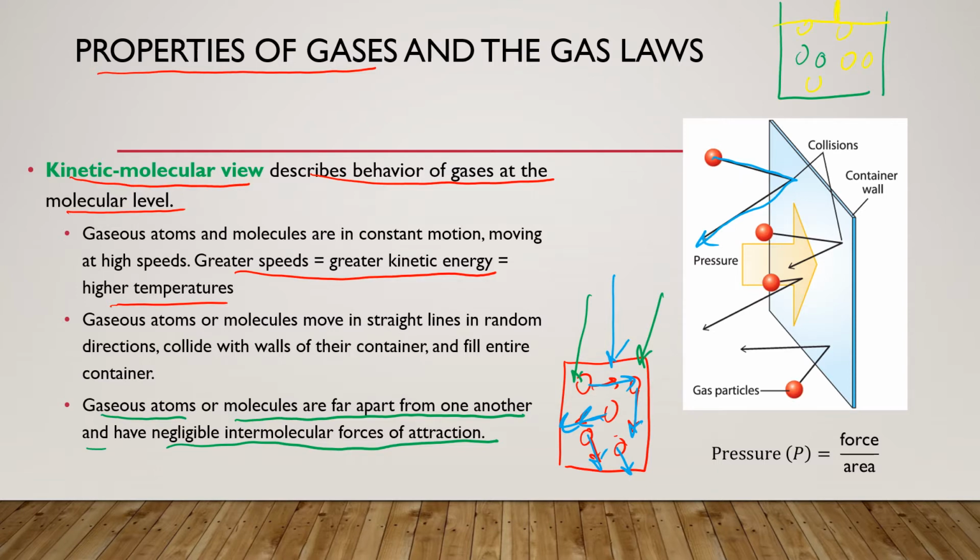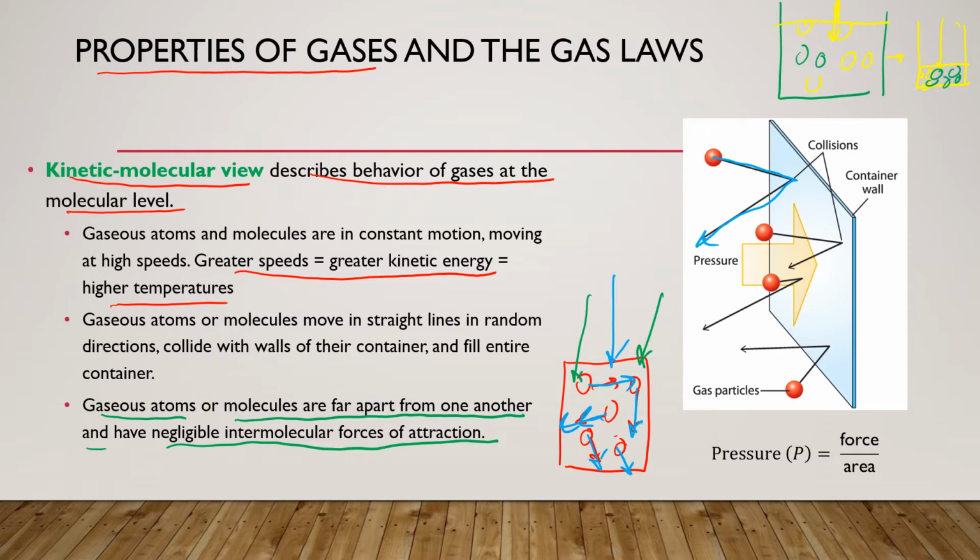This container, if it has a movable piston, can be compressed, and after compression we can bring the gas particles close together. So this is a unique property of gases. Because of this, pressure becomes an important property or parameter in gases.